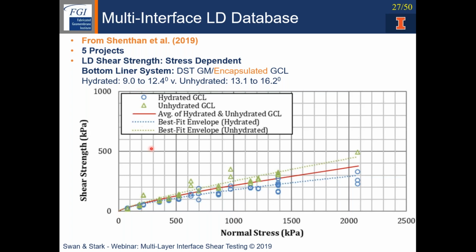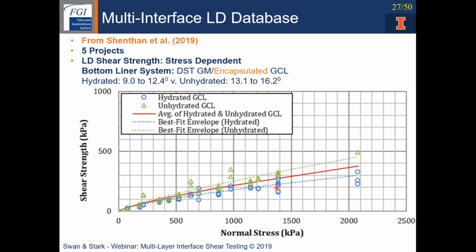So notice the blue dots are hydrated, lower, and the green are unhydrated. And you can see the friction angle for unhydrated ranges from 13 to 16, and for hydrated about 9 to 12. The red line in between is an important line for design purposes. That's the average between the hydrated and unhydrated.